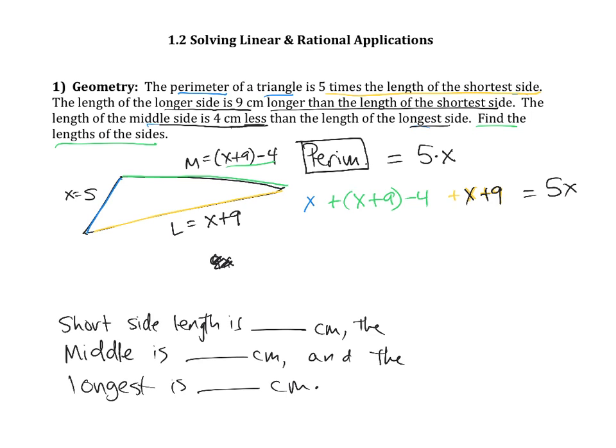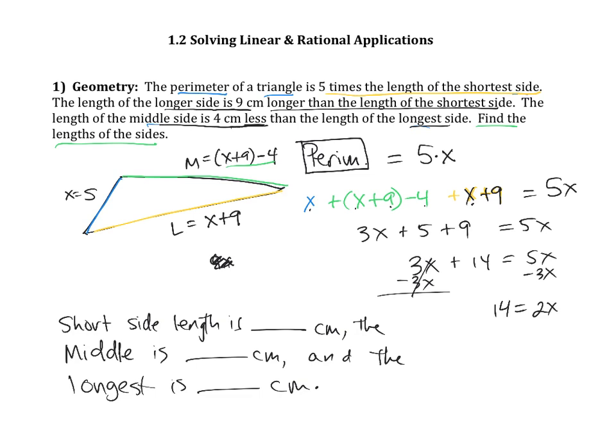All right, and now we're ready to solve our equation. We've got 1, 2, 3 x's, and then plus 9 minus 4 is 5, plus 9 more. So 3x plus 14 equals 5x. Get all of our x's on one side of the equation. So I've got 14 is equal to 2x.